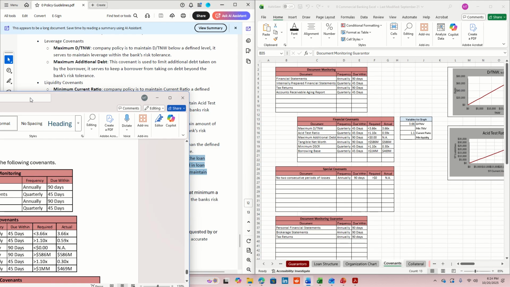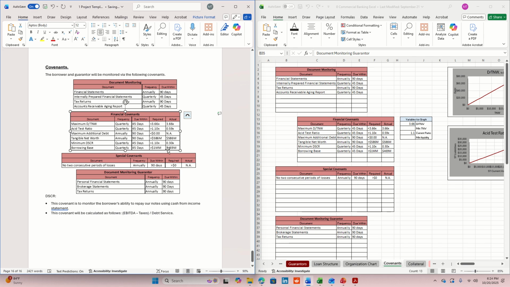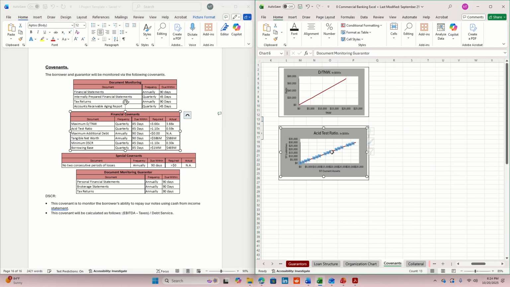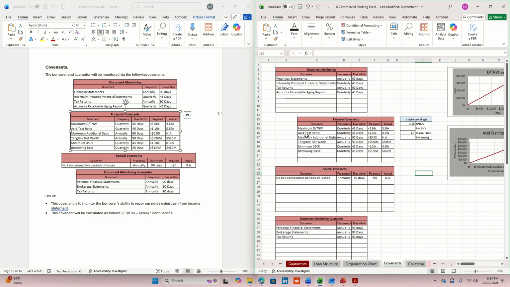Now, another thing that y'all need to take into account is, I get that you probably don't know what all these things are. Take some time, read my little definitions that I have, and it'll make sense. Another thing, maximum additional debt, is come over here and look at these things.